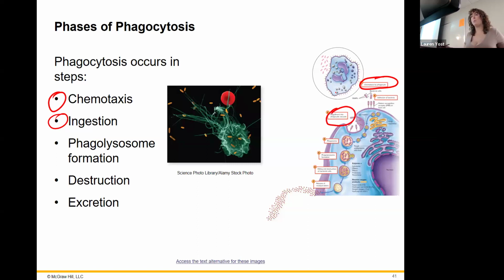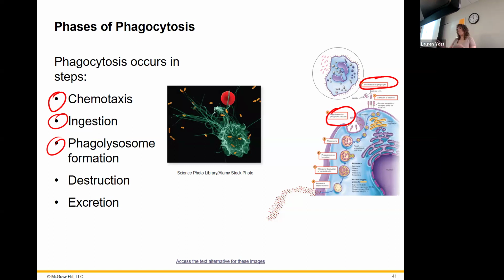Engulfment by the thing that you're attaching to. Then the phagolysosome formation. So you eat up the thing, you form these vesicles, you literally pinch them off into vesicles inside of the cell. That's the phagosome. The zome being the vesicle, phago being what you made from eating the thing. So you've got your phagosome.